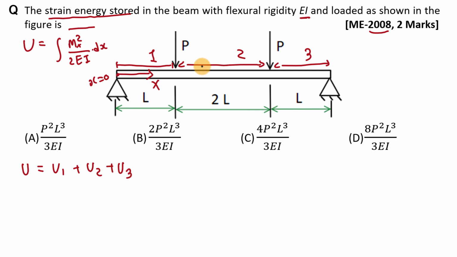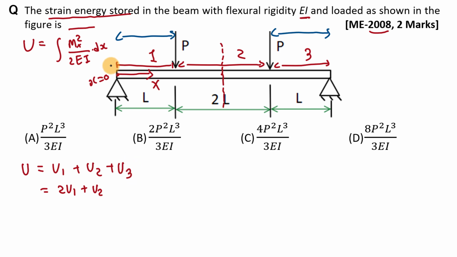And here you can see that this beam is under symmetrical loading condition, right? Means if we see this beam about this midpoint, then it is actually symmetrical about this axis, right? So here we can say that strain energy in this part and strain energy in this part will be same, right? So here we can say that it is equal to 2u1 plus u2 because u1 and u3 will be same.